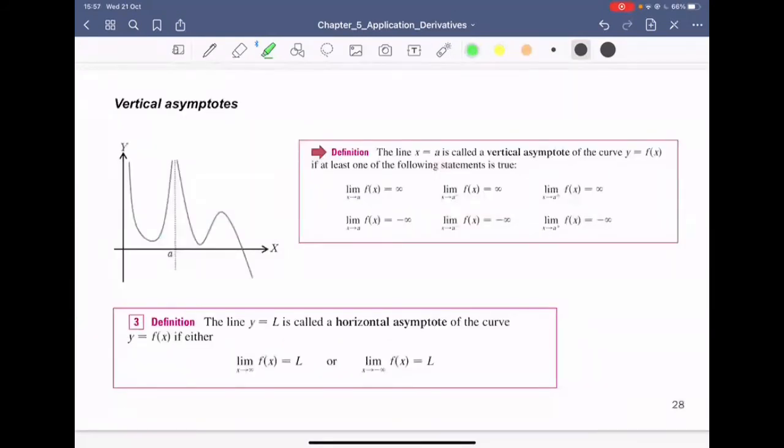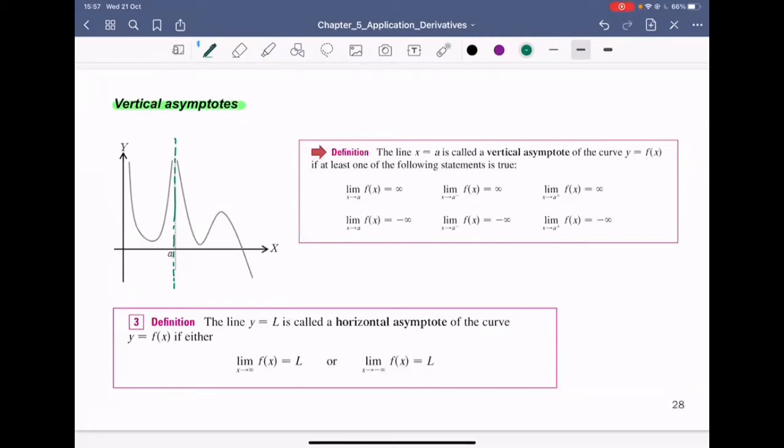We're going to have 2 types of asymptote for this class: vertical asymptote and horizontal asymptote. The vertical asymptote looks like the line x equal to a here, a vertical line.